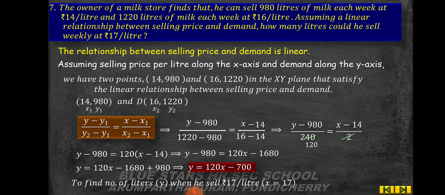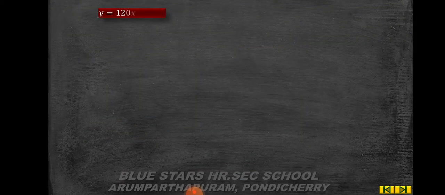To find the number of liters y when he sells at rupees 17 per liter, we take x is equal to 17. We have the equation y is equal to 120x minus 700. Substitute x is equal to 17.